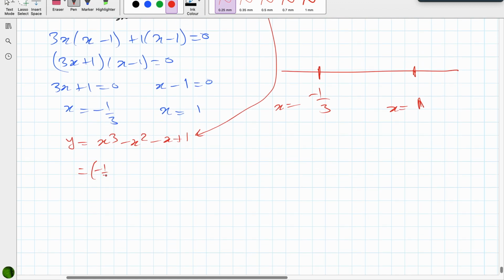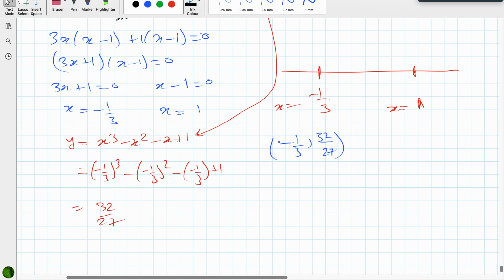So when the value of x is minus 1 by 3, cubed, minus minus 1 divided by 3 whole squared, minus minus 1 divided by 3, plus 1, the value of y is 32 by 27. One of the coordinates is minus 1 by 3 comma 32 by 27. Is someone cross-checking this? Please do if you're not doing it.